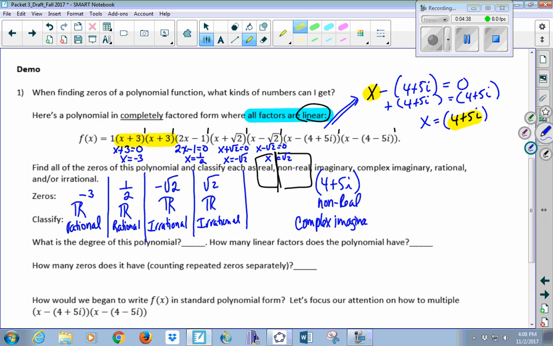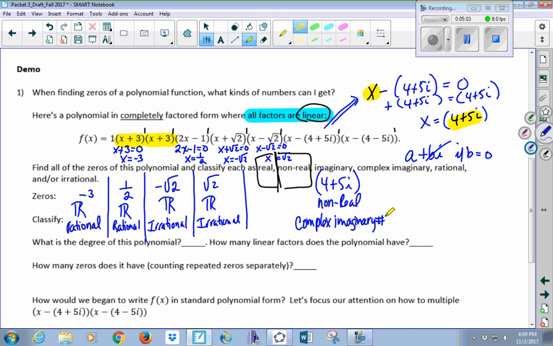And the reason why we call it a complex imaginary number is, remember, all real numbers can be considered complex as well. Because remember, a complex number has this form, a plus bi, and if b equals 0, then you just have a real number, a. So that's why we have to call it complex imaginary.